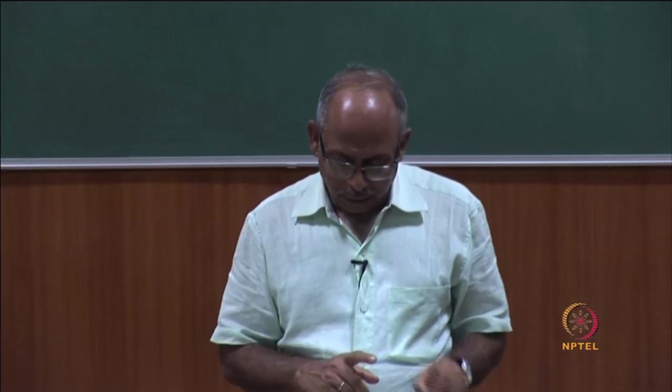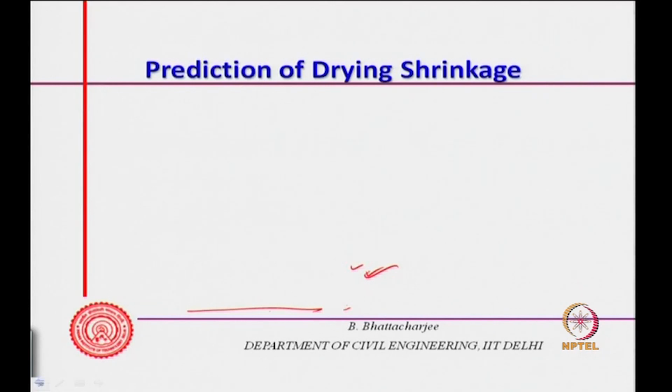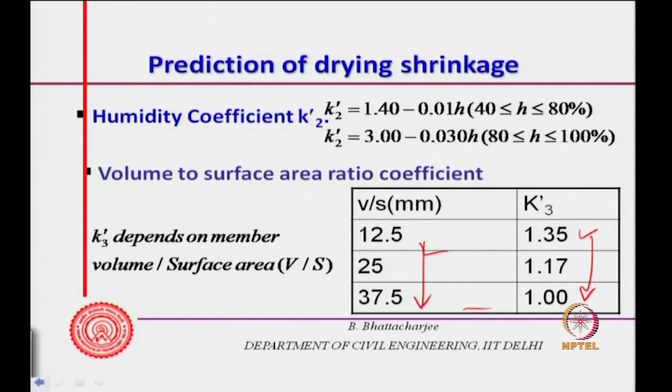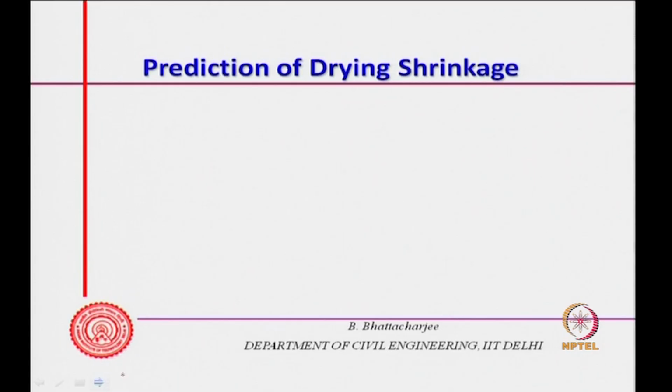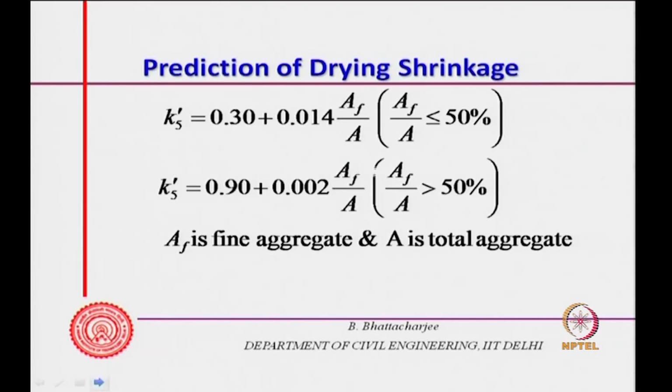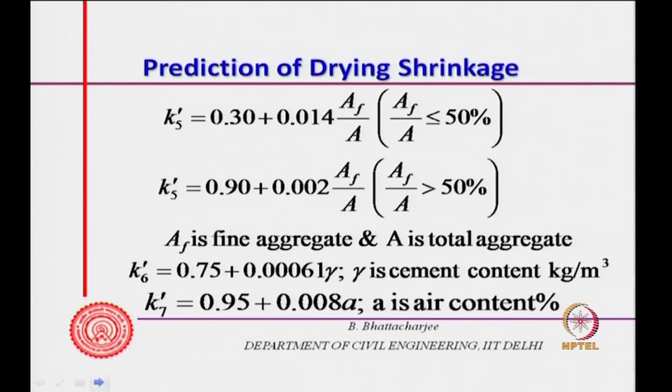K2 depends upon humidity condition, K3 depends upon member volume to surface area ratio, K4 depends upon slump, K5 depends upon fine aggregate content, K6 depends upon the cement content, and K7 depends upon the air content of the system.